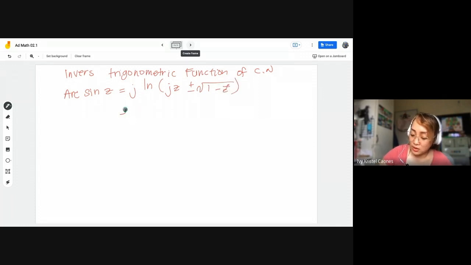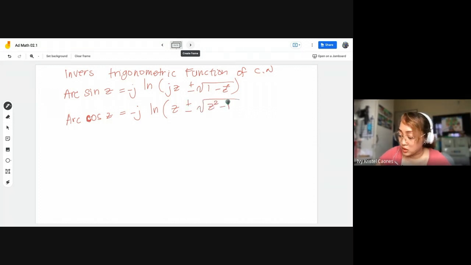So for arc cosine z, it will be, sorry, this one is negative j, this is negative j also, ln z plus or minus square root of z squared minus 1 for this cosine. Then arctangent z is negative j over 2 ln of 1 plus jz over 1 minus jz.